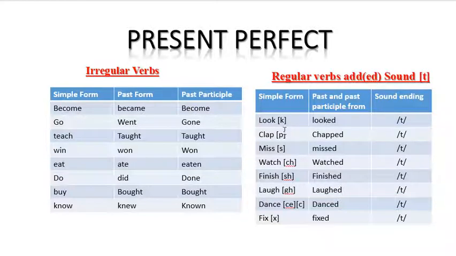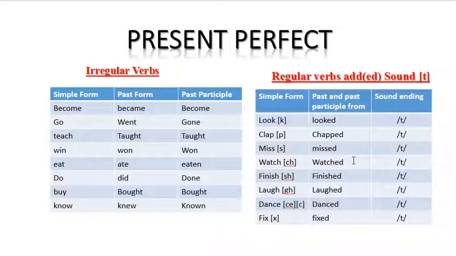When the verb ends with k, p, s, ch, sh, gh, ce, c, we need to express the sound t, like looked, chipped, missed, watched, finished, laughed, danced, fixed.